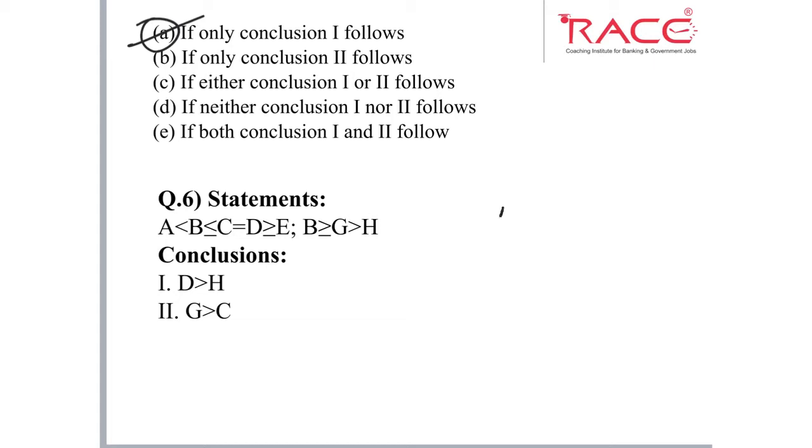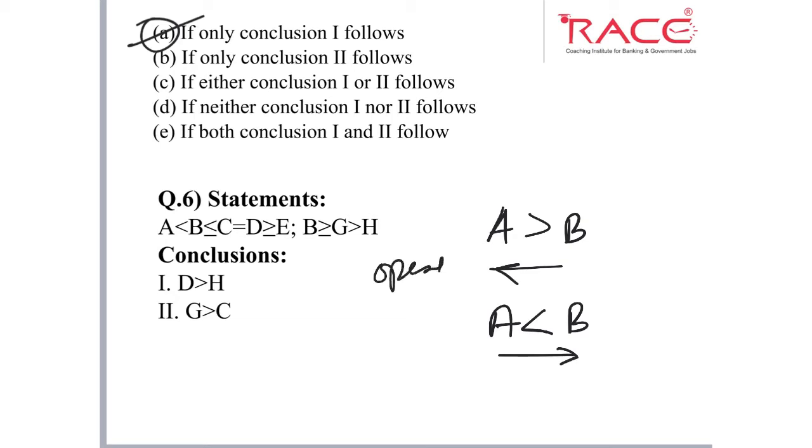If I write A greater than B, this has open face toward A. If I write A less than B, we have open face here toward B. So this is open face here. In this case, this is open face. So this arrow must always follow this open face.